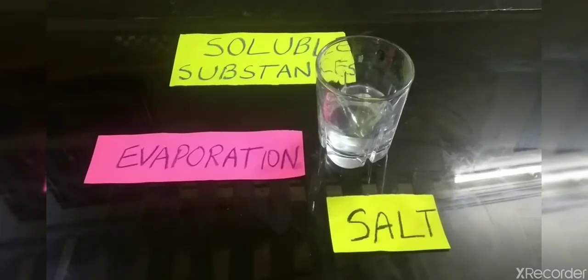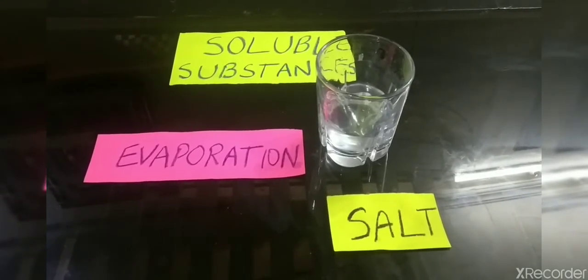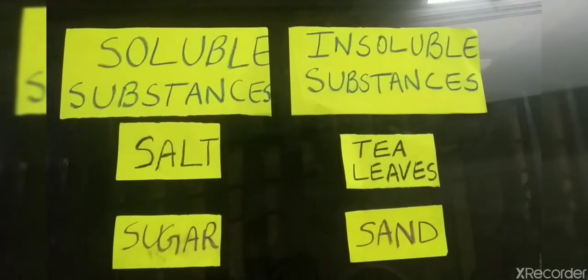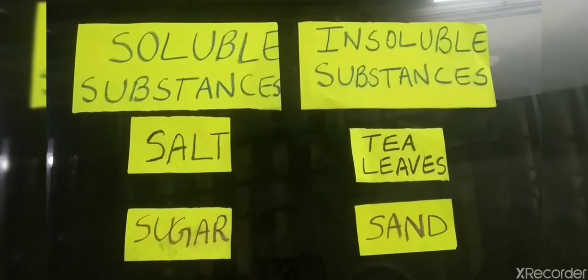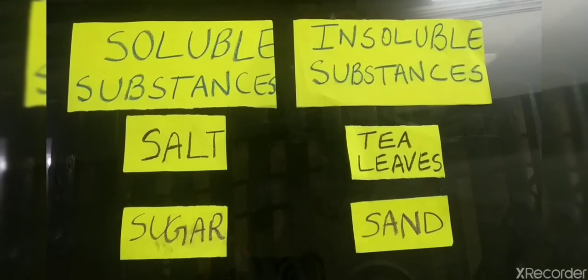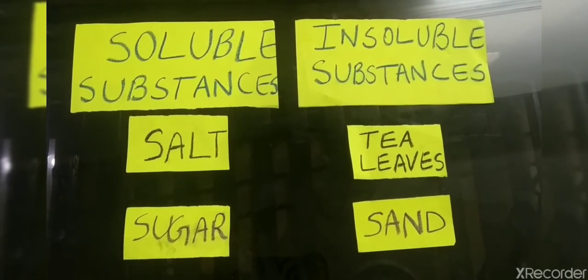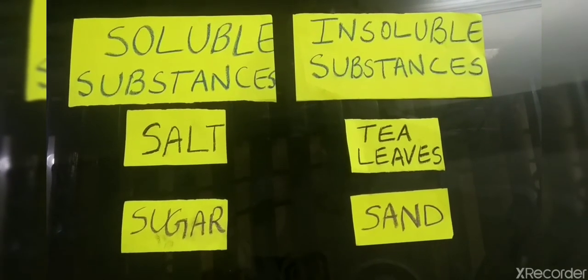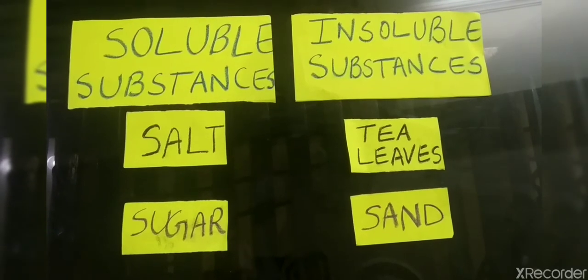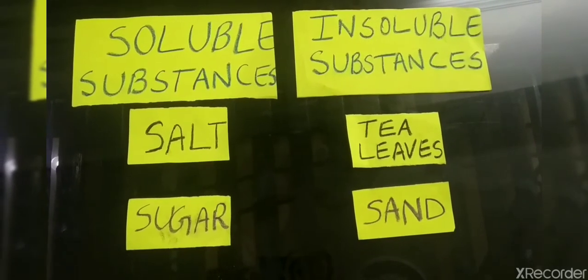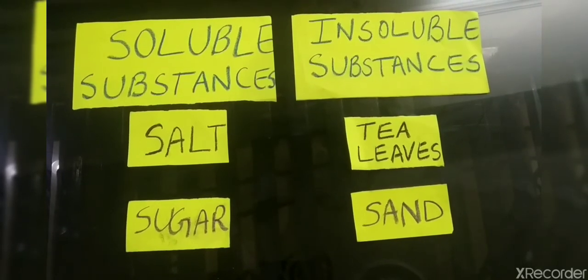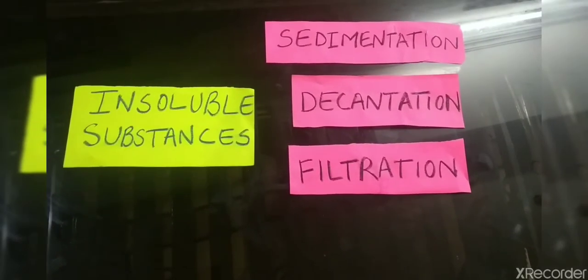So that's all for today, children. Now let us summarize what we have learned today. So we have two types of substances: soluble substances and insoluble substances. Examples of soluble substances are salt, sugar, etc. Examples of insoluble substances are sand, tea leaves, mud, and so on.